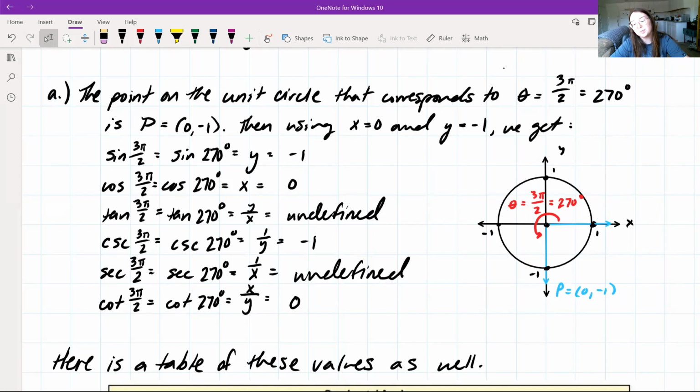So we end up getting 0. In our unit circle representation we see here, we have our initial side laying on the positive x-axis and our terminal side lying on the negative y-axis. And we see how we represent that theta as 3 pi over 2, or 270 degrees.